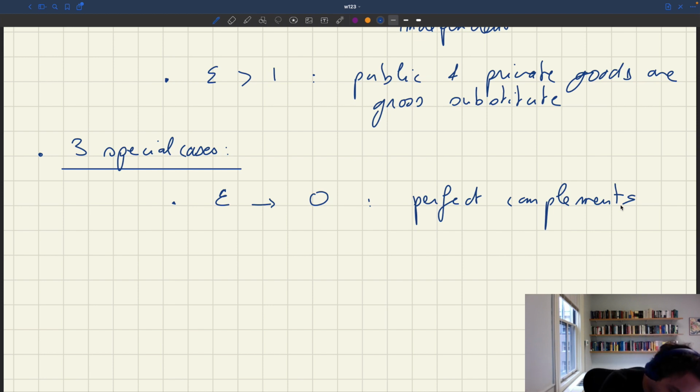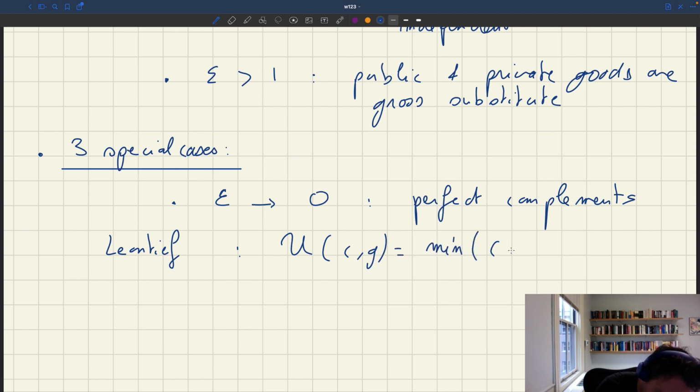Well, that's what you obtain with a Leontief utility function. When you have a Leontief utility function, u(C,G) is equal to min of C and G, then in a case like this you get perfect complements.